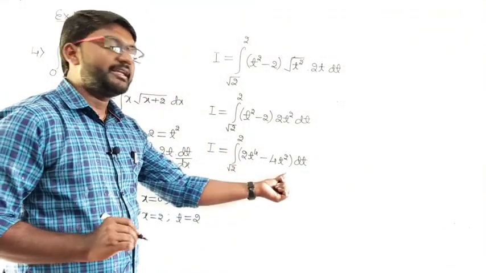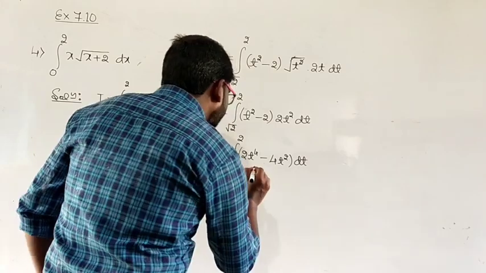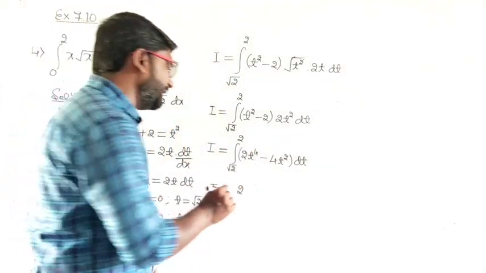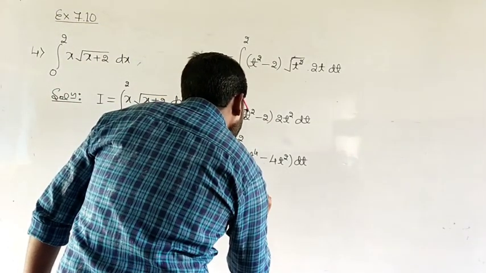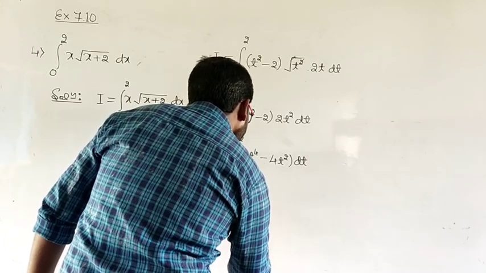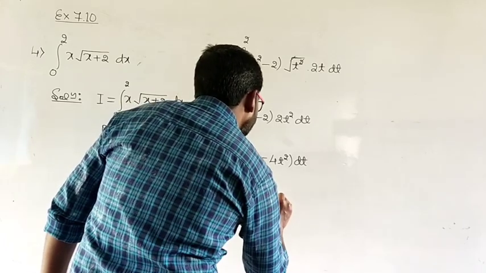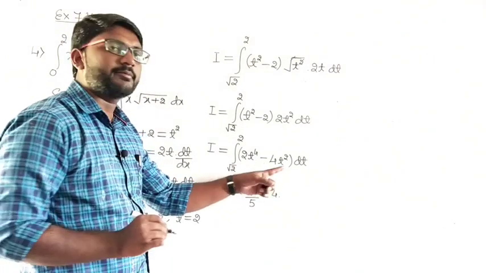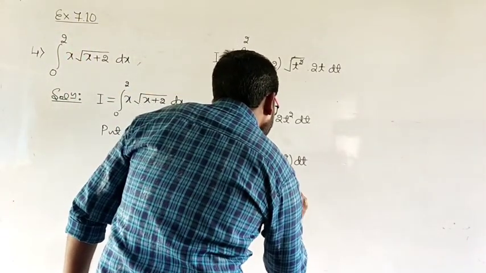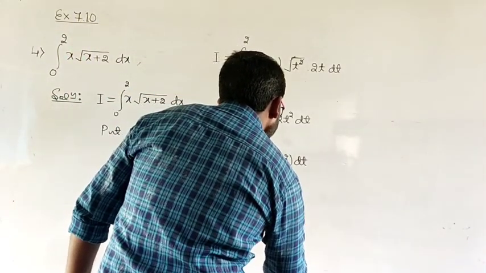Now integrate them separately. I write 2 as it is, integration of t raised to 4 will be t raised to 5 divided by 5, minus 4, and integration of t square will be t cube divided by 3.